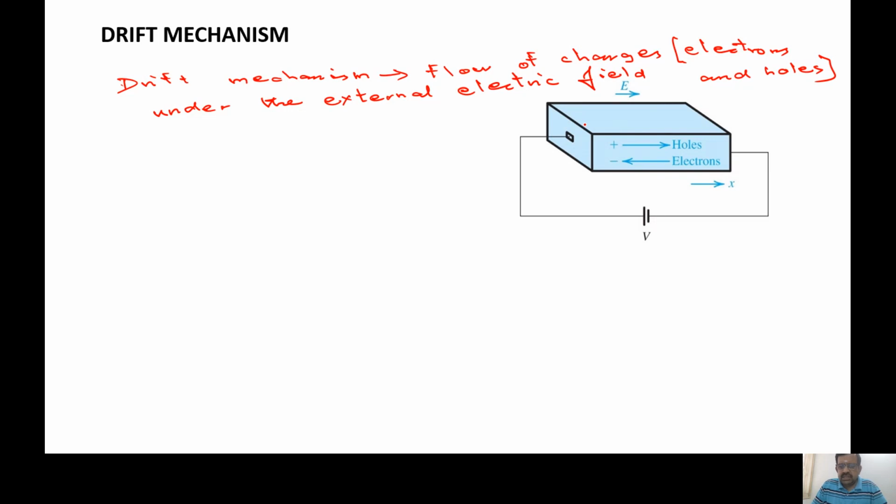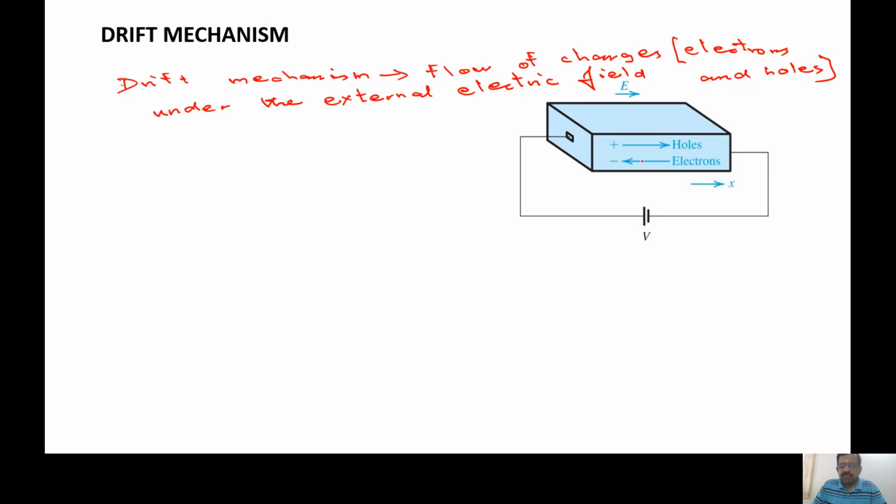Because of this electric field acting on the charge carriers, holes and electrons will respond to it. For example, the holes being positively charged will move from left to right, and the electrons will move from right to left. The reason is that the electric field always originates from a positive charge and ends on a negative charge. Therefore, the movement of holes and electrons is in mutually opposite directions.